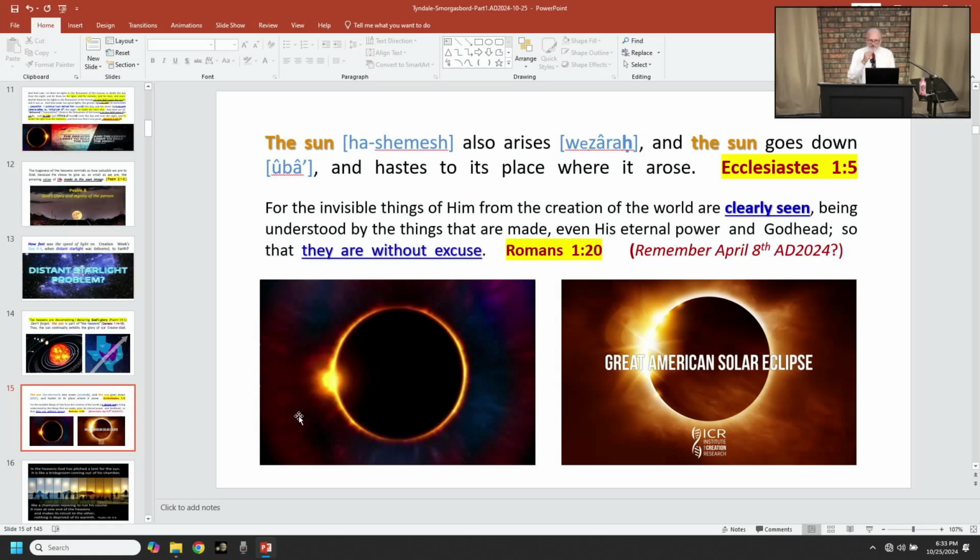Just curious, how many of you remember the solar eclipse on April 8th of this year? All right. That's a really amazing thing because the sun is 400 times bigger than the moon. But the moon is 400 times closer to us than the sun.